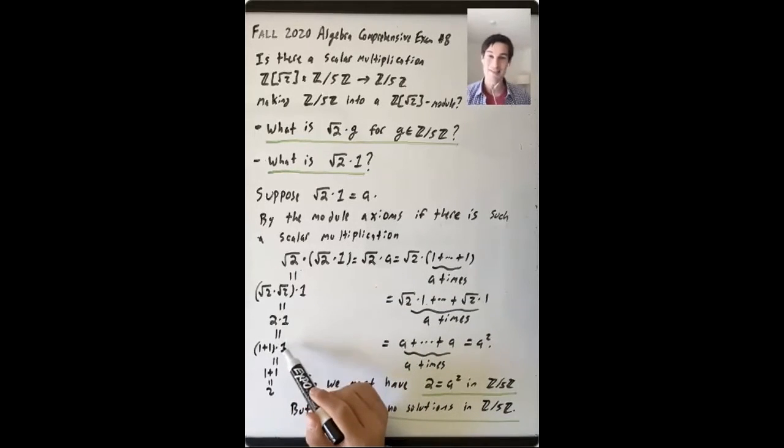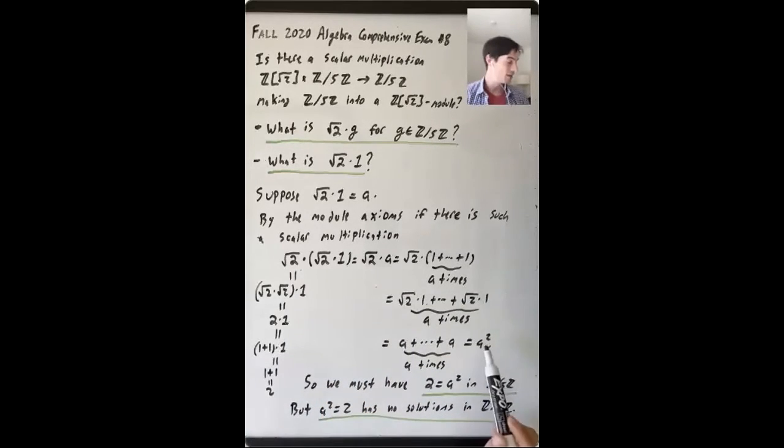And if this really is a module, this has to be 1 dot 1 plus 1 dot 1, which is 2. So the element 2 in Z mod 5Z has to be the same as the element A squared in Z mod 5Z. The class of A squared in Z mod 5Z is 2.